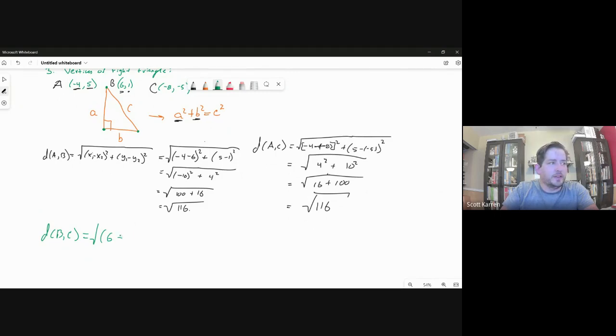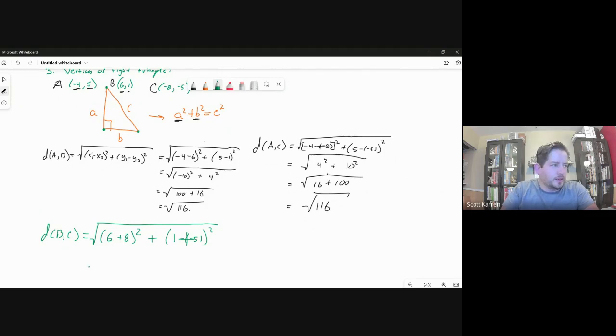So minus -8, I'm just going to write that as a +8 because that'll simplify that way, squared. And then plus the difference between the y values, well, the y value of B is 1 minus -5. So that again becomes the same as +5.